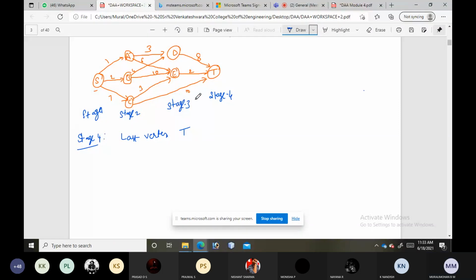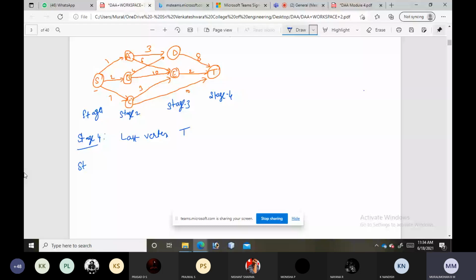Next, stage 3 we will come. We will find the distance from stage 3 to stage 4 now. Kindly observe here.